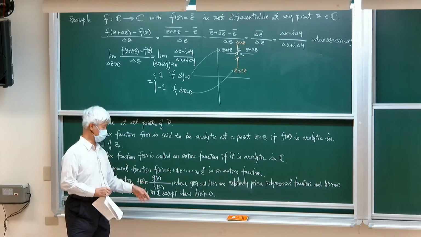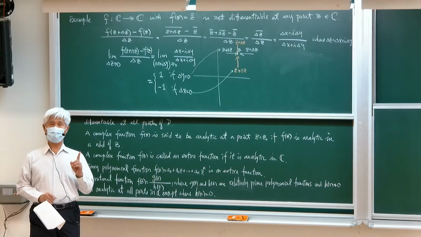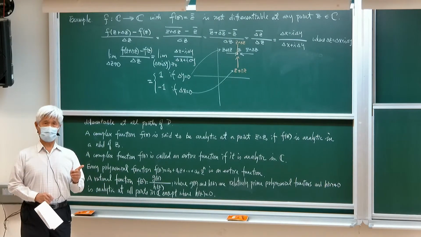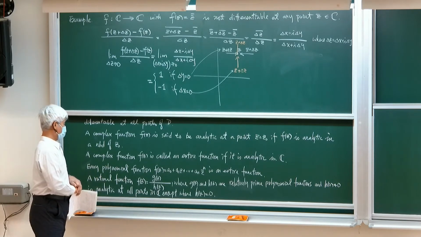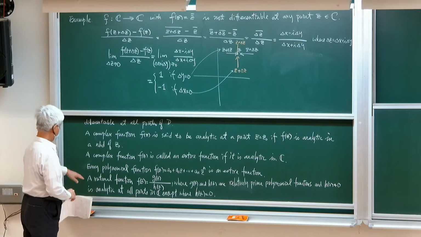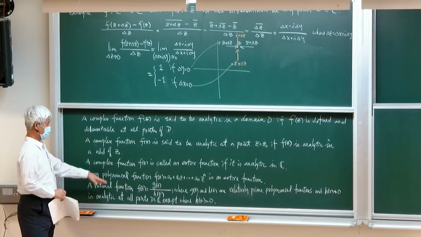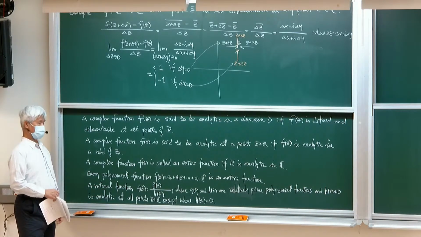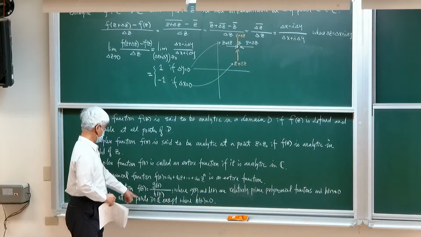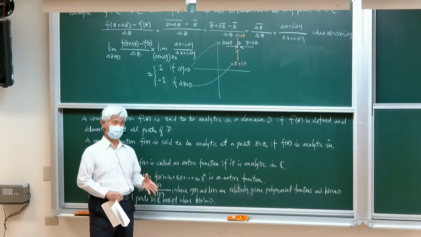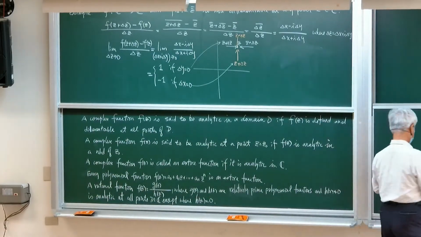In that case, you have only one zero, with multiplicity. So a rational function is easy to see to be analytic at all points except where the denominator is 0. Any questions?